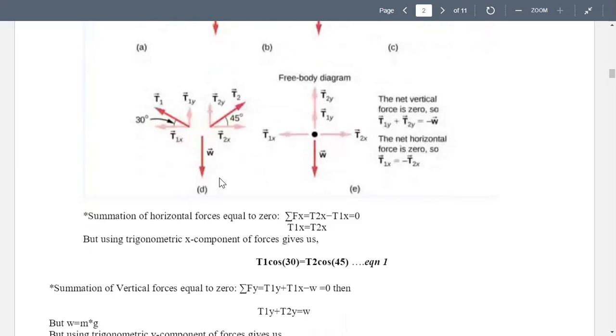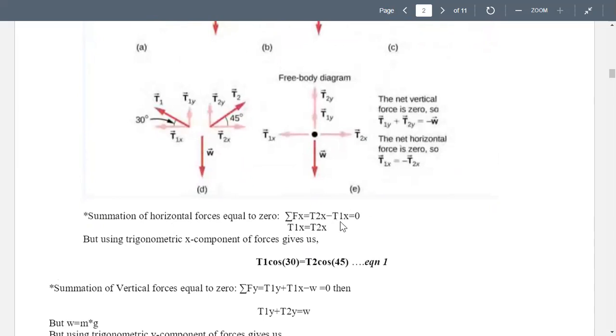Now, how are we going to solve the forces? Since this is not an accelerating traffic light, it stays stationary, supported by two cables, the summation of horizontal forces would be equal to zero. The summation of Fx is equal to T2x minus T1x.